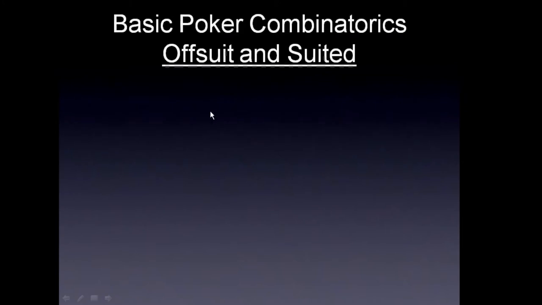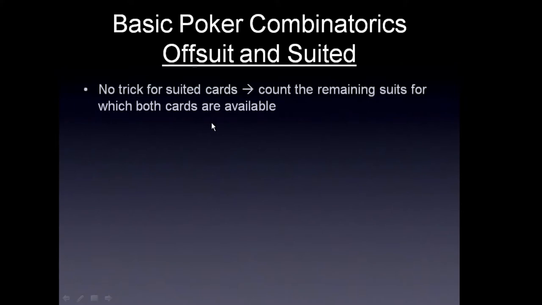Now offsuit and suited cards are a little awkward because there's no real computation. For suited cards, you pretty much count. If you want to know how many combinations of ace-king suited there are, you basically just need to know how many possible remaining ace-king of spades, ace-king of diamonds, ace-king of clubs, ace-king of hearts.